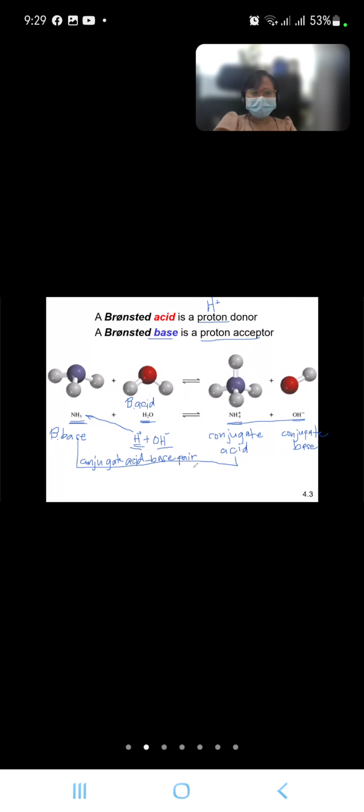And water and hydroxide ion is also another conjugate acid base pair.